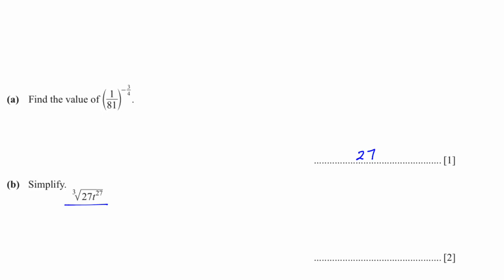Now for this question, you have to simplify. So you have been given cube root of 27 t to the power of 27. Let's first write it as a radical. Cube root means 1 over 3. Please remember whatever power is there, it's for the number which you have inside plus the variable. So 1 over 3, t to the 27, 1 over 3.